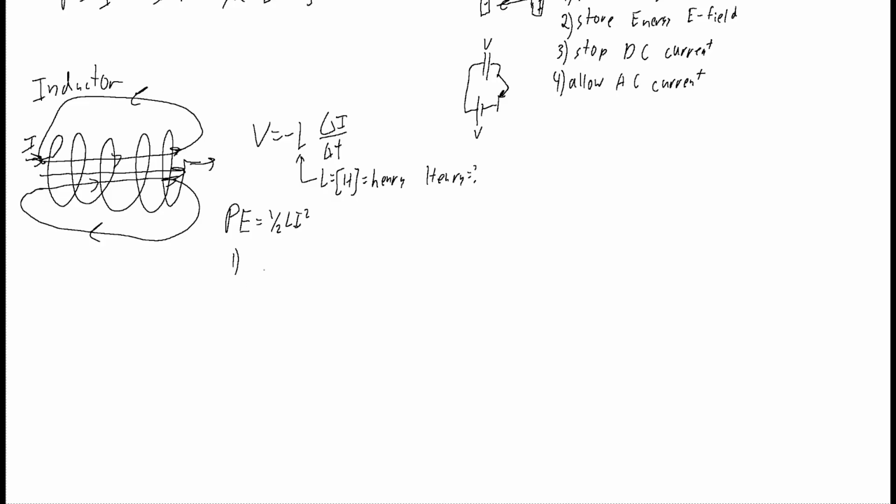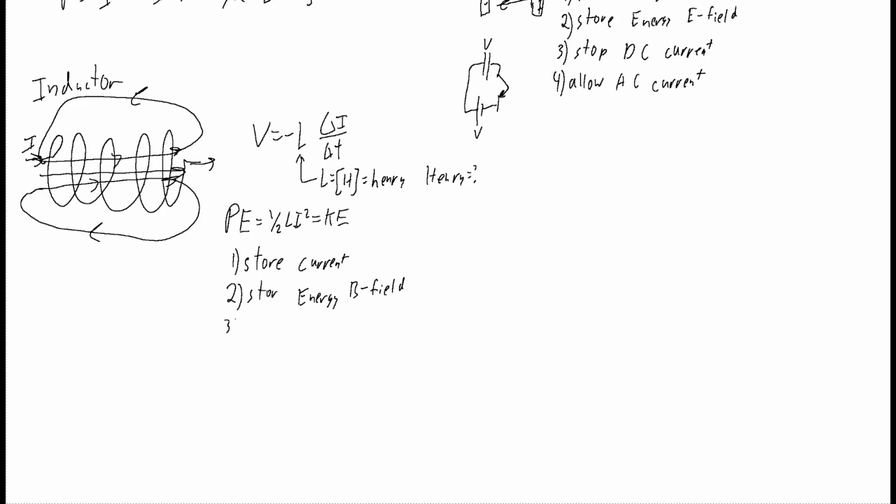However, where the capacitor up here was to store charge, how I think of an inductor is that it's here to store current. While this is a potential energy stored in the magnetic field, it feels more like a kinetic energy to me, because it's storing the current, the energy of motion of the electrons. And so too, you can store energy in the B field, in the magnetic field.